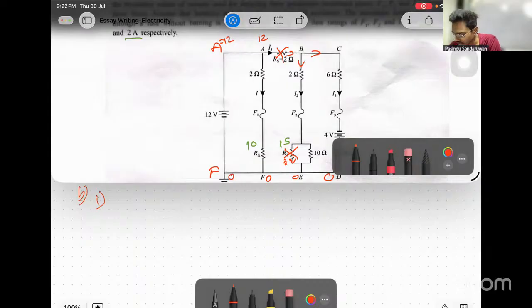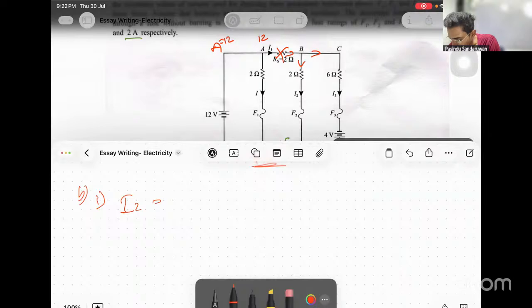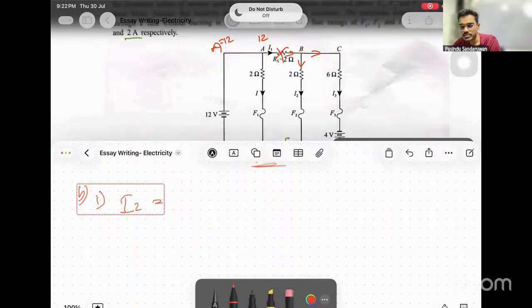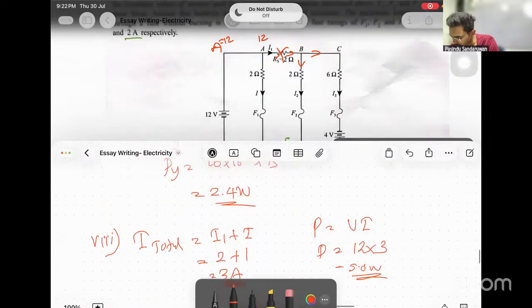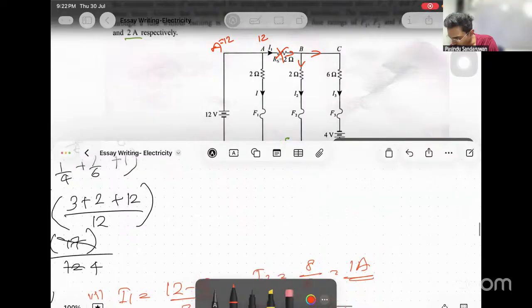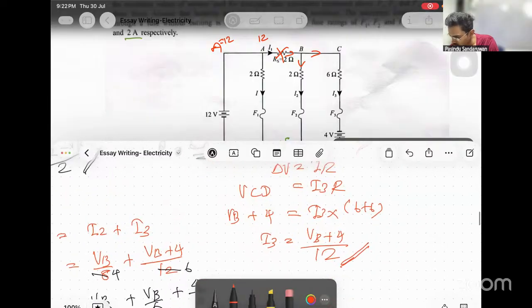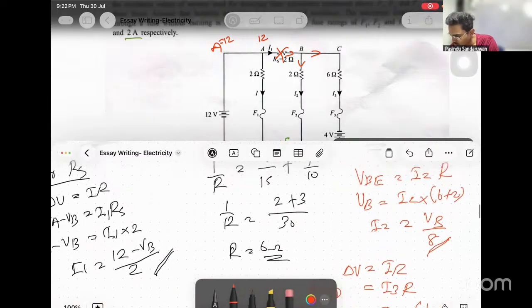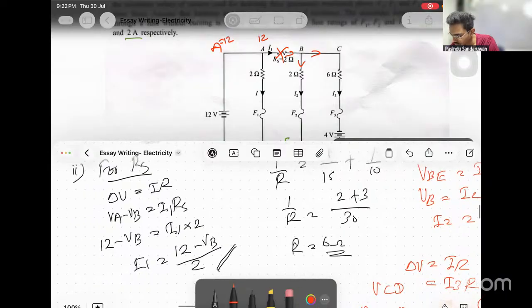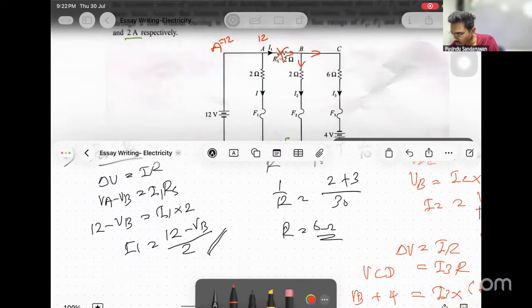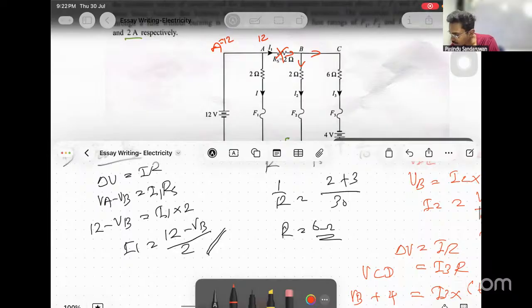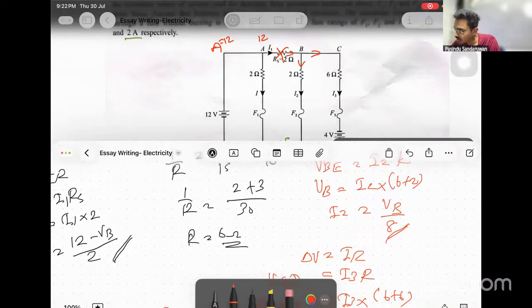Then from the equation, I2 was VB over 8, right?